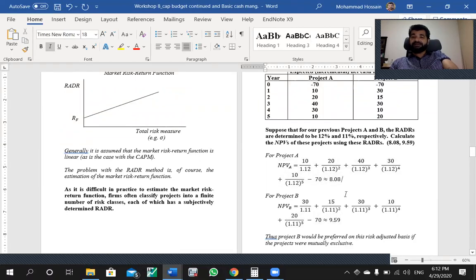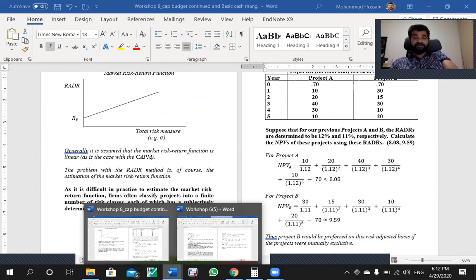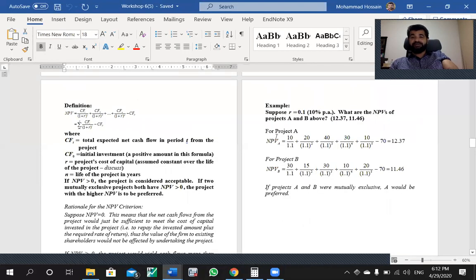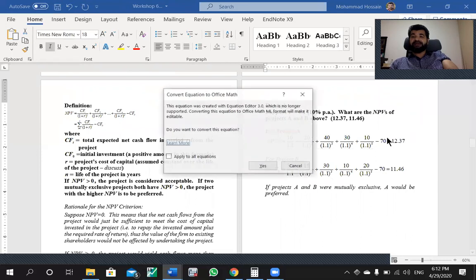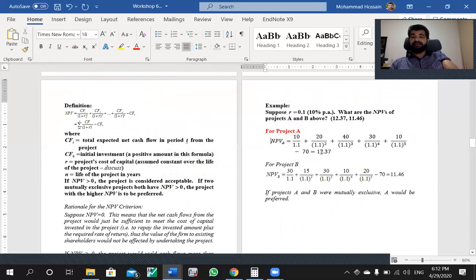Okay. So in this situation, project B would be chosen. But if we use the other method, the net present value method, then we would have chosen project A. Why? It has a 12.37 net present value, which is higher than the other project.